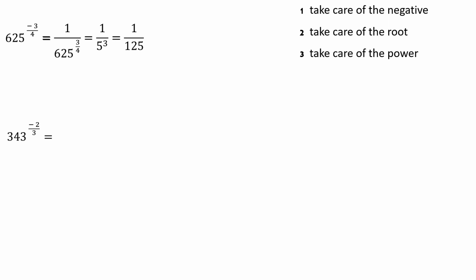Okay, new example, different example. Let's try this one instead. Negative exponent. So that tells me that I've got to take that 343 to the 2/3 power, put it underneath the 1, so it's the denominator. Now I need the cube root. Let's see, 2 times 2 times 2 is 8, way too small. 10 times 10 times 10 is 1,000, way too big.